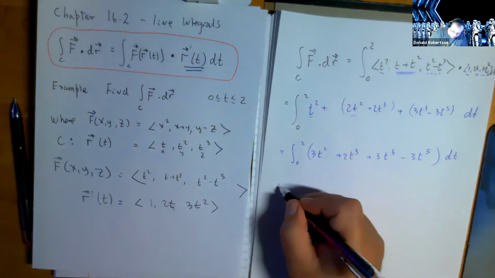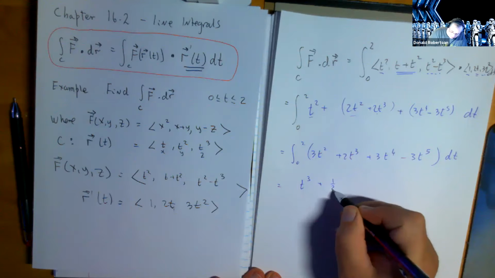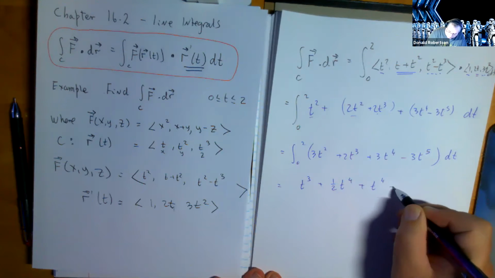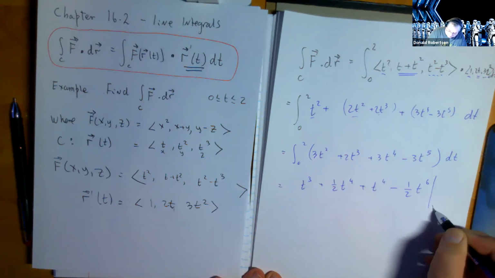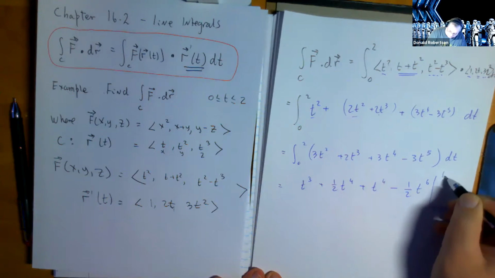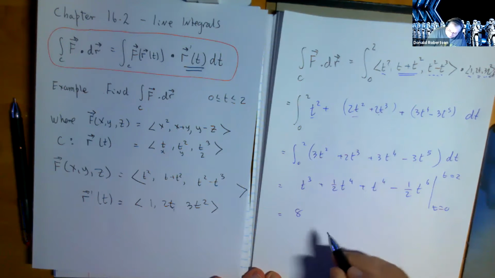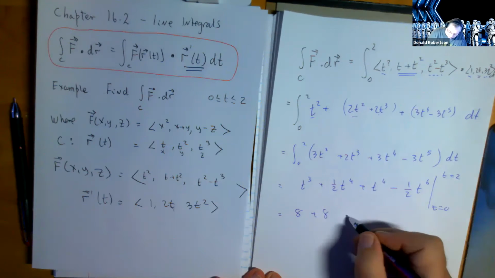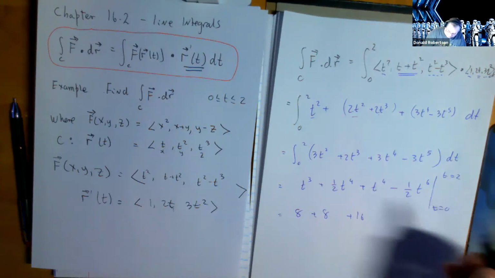Collect like terms. Power rule, t cubed, 1/2 t to the 4, t to the 4 minus 1/2 t to the 6. Then plugging in 2: 2, 4, 8, 16, 32.